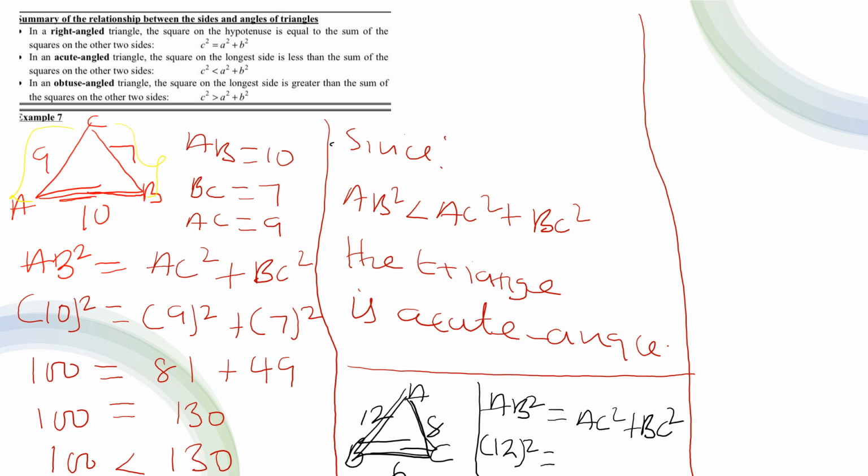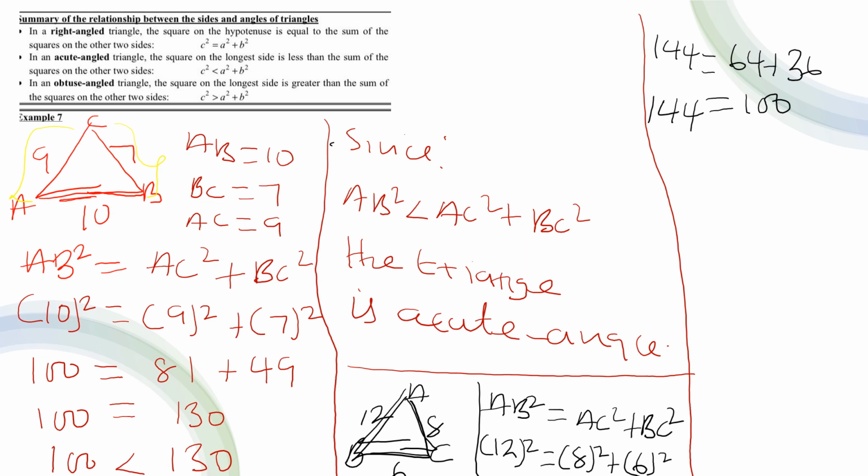What is AC? AC is 8 squared plus, what is BC? BC is 6 squared. Now 12 squared gives us 144. 8 squared is 64 plus 6 squared is 36. So 64 plus 36 gives us 100. That is the sum of the squares of the shortest two sides. The longest side is 144.